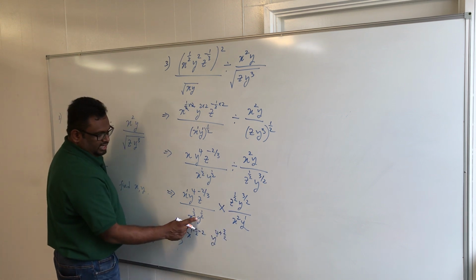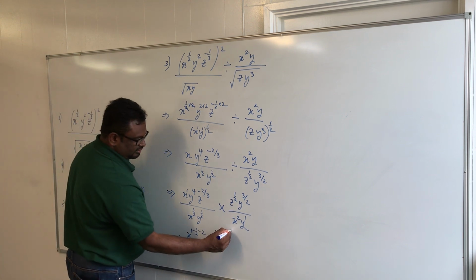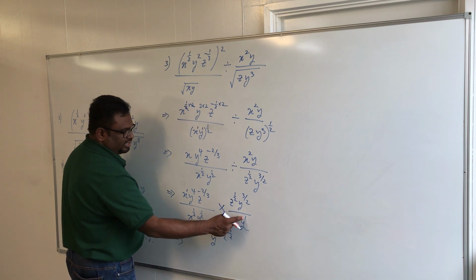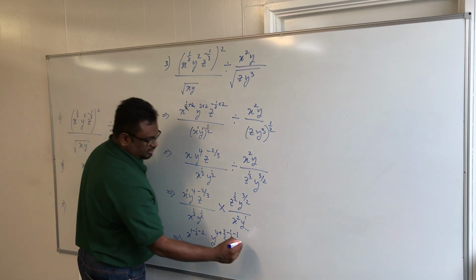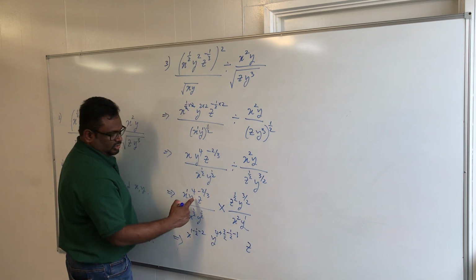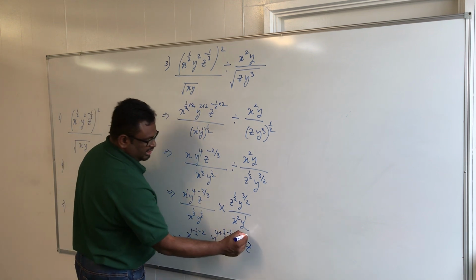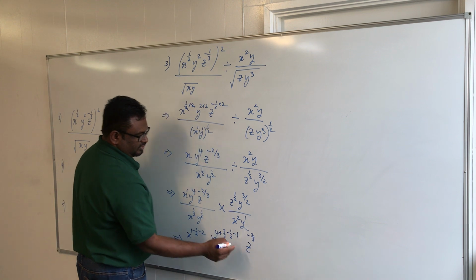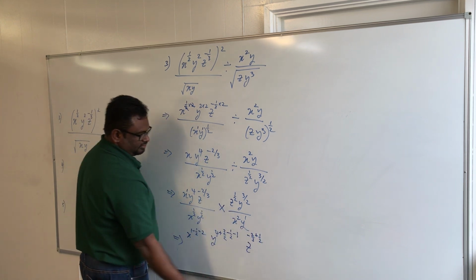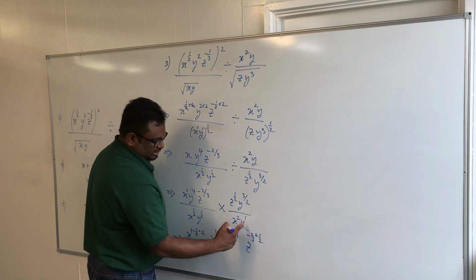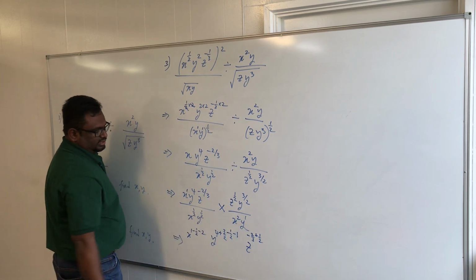Then you have another y here in the denominator, you minus it. You have another y here in the denominator, you minus it. And then z, you have minus 2 divided by 3 here. Then this is on top, plus half here. There is nothing in here, right?